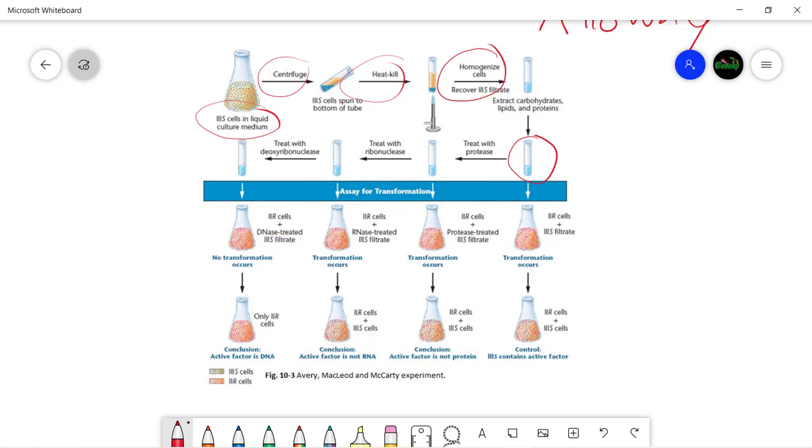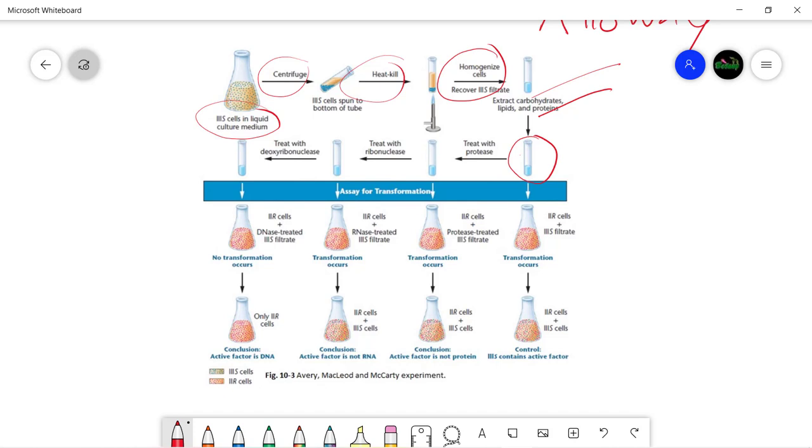Now this was proved conclusively by this team, that the transforming principle was DNA, and it was neither carbohydrates nor proteins nor any other compounds, lipids or RNA. Obviously it was a huge experiment, and it took several years to prove.